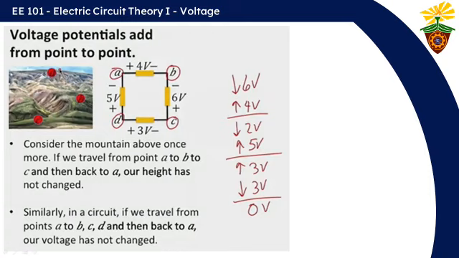So you see the potentials add as we go around the loop and back to our starting point, just as on the mountain when we went from A to B to C and then back to A.